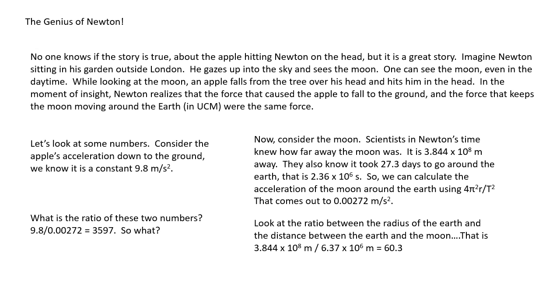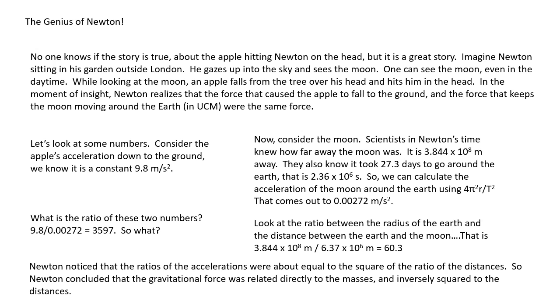Coincidentally, 60 squared is close to 3,600. See the comparison between the two numbers. So Newton was able to take those ratios and notice that the acceleration had to be equal to the square of the ratio of the distances. Newton concluded then that the gravitational force was directly related to the masses and inversely related to the square of the distances.